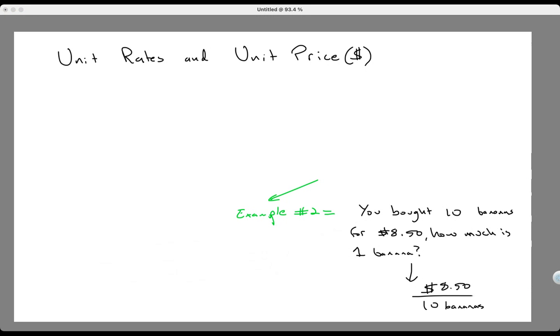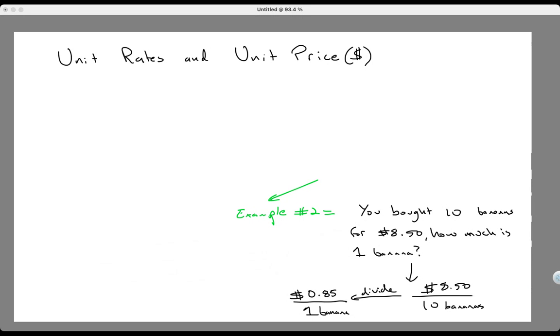So the same way we just did the calculator example, we want to divide. We want to divide 850 by 10 to find out how much it costs for one banana. And you can pause the video again to see what you get. But if you end up getting 85 cents per banana, then you got the correct division there.